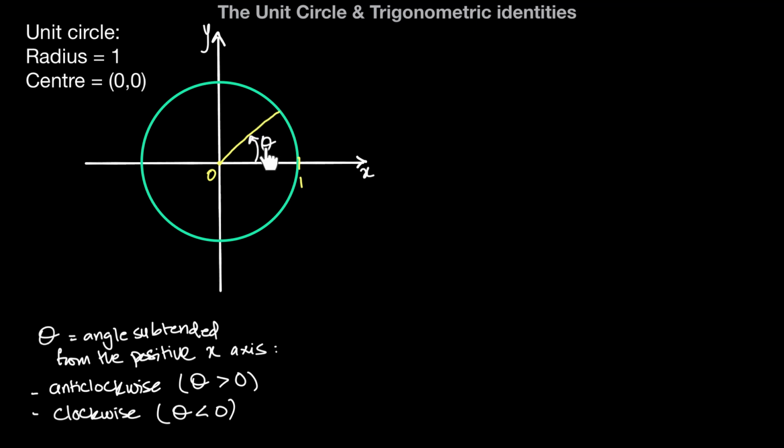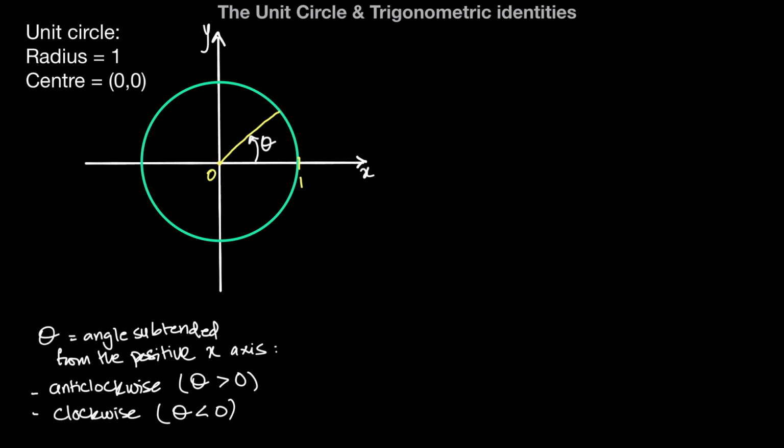Now this angle is said to be positive, or is said to have a value of greater than 0, if it's subtended in the anticlockwise direction or the counterclockwise direction. So in this particular example that I've shown, whatever the value of theta, it must be a positive value because I've subtended in the counterclockwise direction. On the other hand, had I made it in the clockwise direction, then I would say that theta has a negative value, or that its value is less than 0.